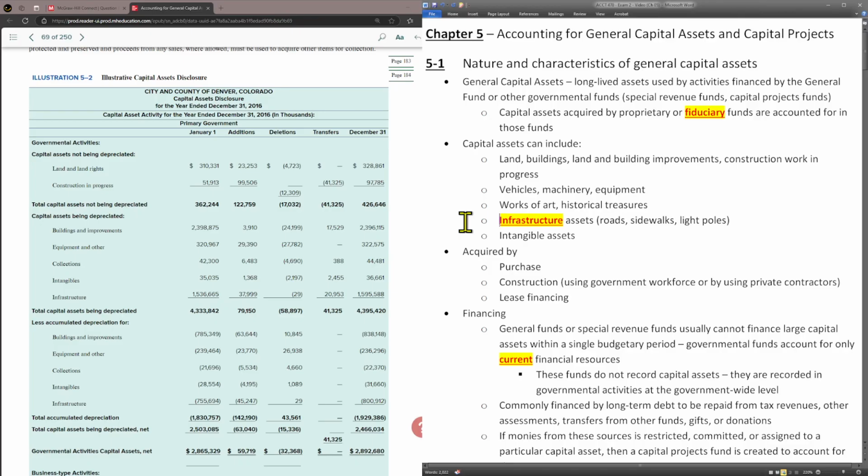What can they include? Land, buildings, improvements, construction work in progress, vehicles, machinery, equipment, all those sort of things. Of particular note, and different from most corporations, governments have a lot of infrastructure assets: roads, sidewalks, tunnels, bridges, sewer systems, drainage systems, waste treatment facilities.